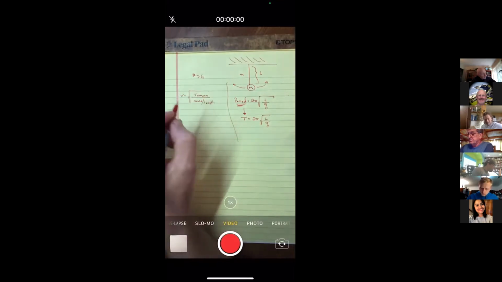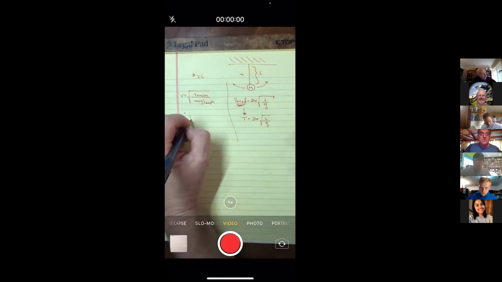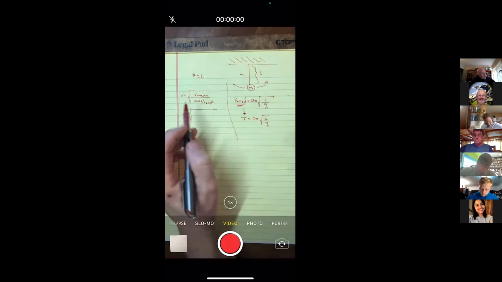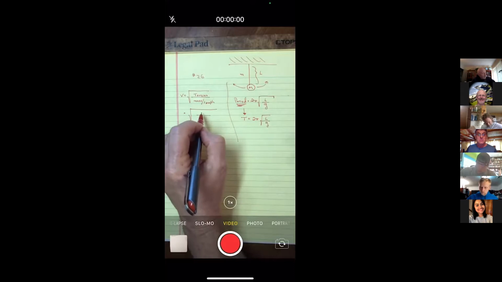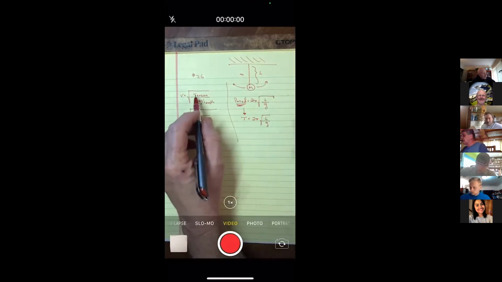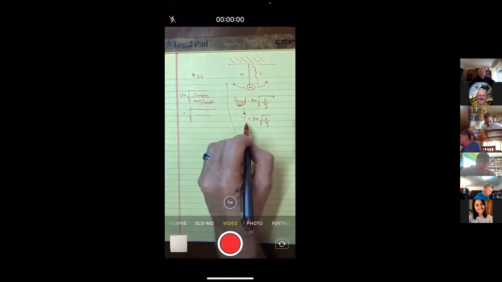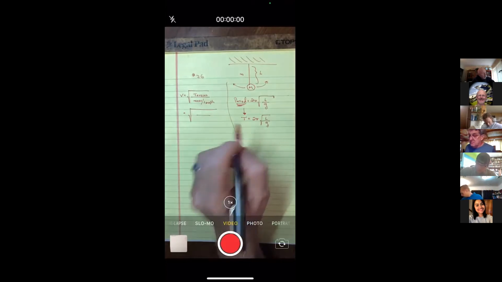Again, notice I wrote it out because it's tempting to put a T up here, but I don't want to do that for this problem because you might confuse the T for tension with the T for period.